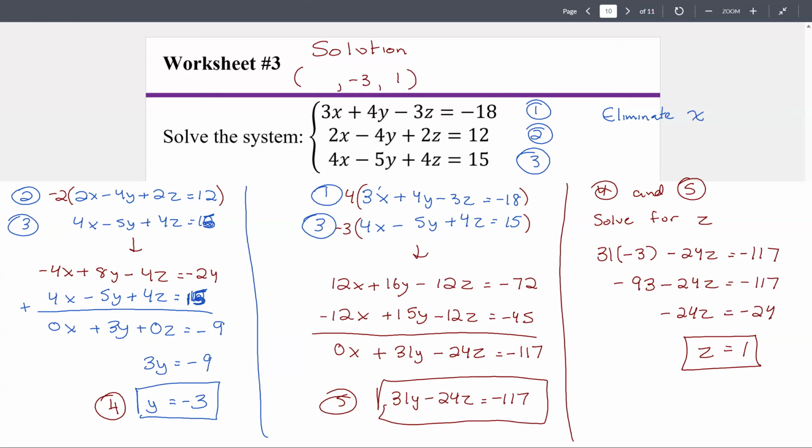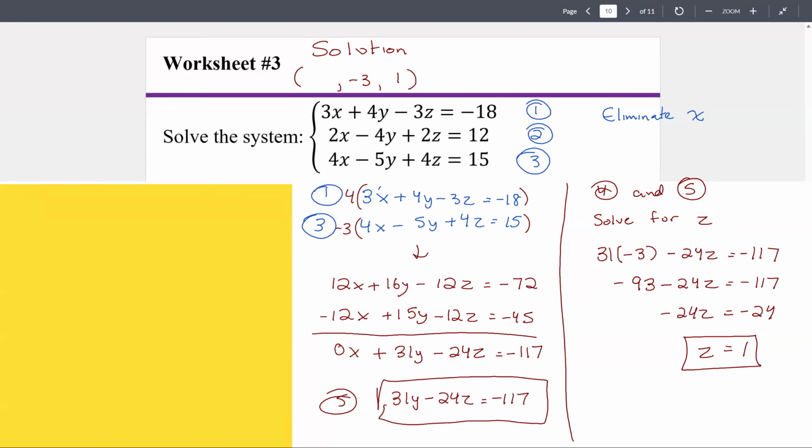So we just need to find x now. So as we said before, we just pick one of our equations, 1, 2, or 3. Trying to think of just one that's a little preferable here. I'm not sure there really is. So we just need to find x, right? So let's use equation 1 because it's not going to make a difference.